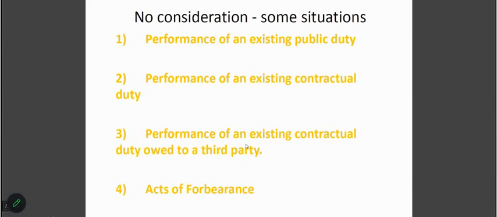So there is no consideration in some situations: performance of an existing public duty, on the government side; performance of an existing contractual duty; performance of an existing contractual duty owed to a third party; an act of forbearance. So these are all non-consideration because all the contracts are already signed. Everything is black and white, you can't run away.